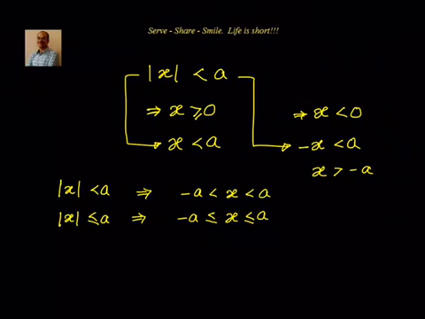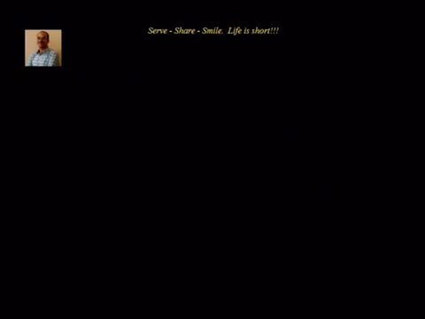Now let us see the condition where modulus of x is greater than a. What happens in such a scenario? Let us say modulus of x is greater than a. Now we again have two conditions. One is x greater than or equal to 0, another is x less than 0.